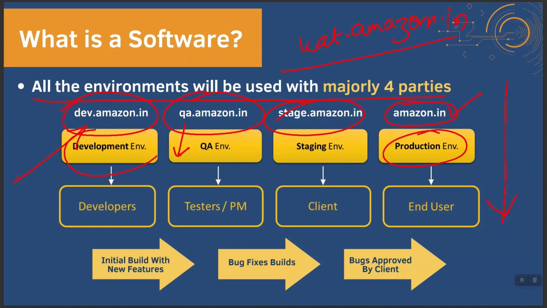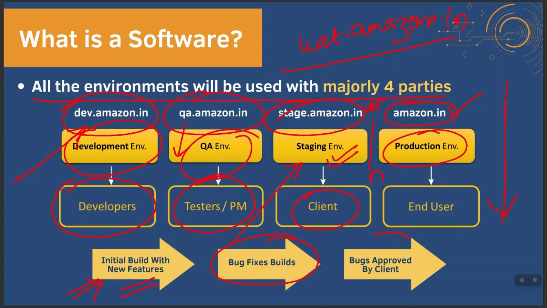Of course, the development environment will be used by the developers, and the initial build with new features will be pushed to the QA environment for the testers and the PMOs to test and identify the bugs. Once the bugs are fixed and the build is moved to the staging server, the double check happens on this server, and then there is another UAT environment push of this staging environment build where the client is going to play.